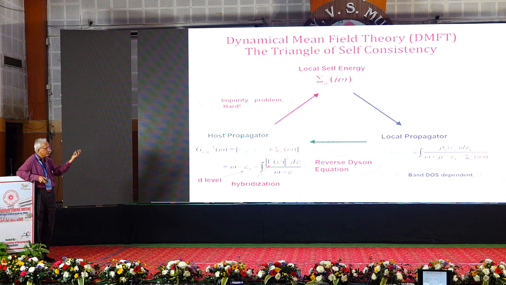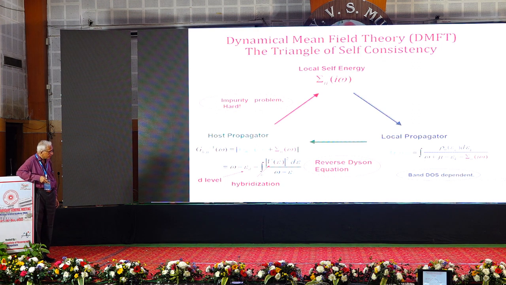If I can calculate that by solving the impurity problem, I pretend that it is the same as the self-energy of the lattice problem, which is exactly correct in infinite dimensions. Then I put that back into the lattice Green's function and recalculate the local propagator, and using the Dyson equation, I come back to this impurity problem. I go through this iterative cycle again and again, and if I solve this, I would have an approximate solution for the lattice problem.